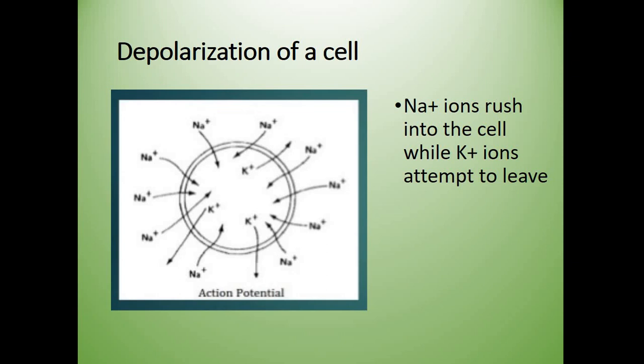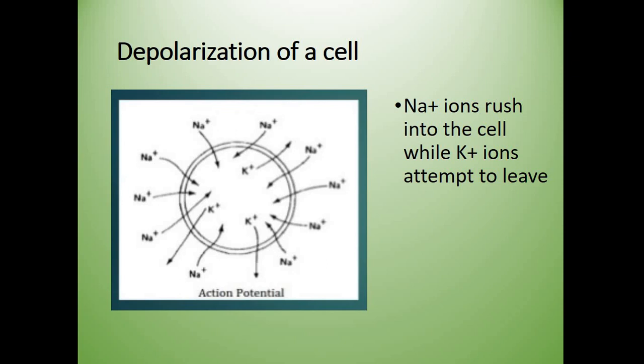The ions actually rush into the cell to try to reach a balance with the ions outside. At the same time, the potassium ions, which are higher in concentration inside the cell during the resting state, try to leave the cell but are not as fast as the sodium ions.